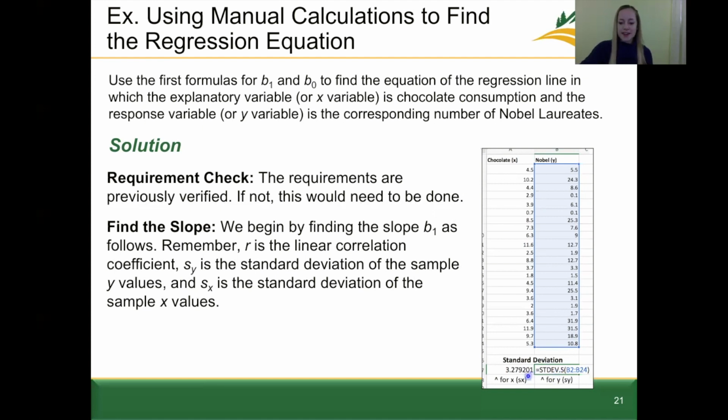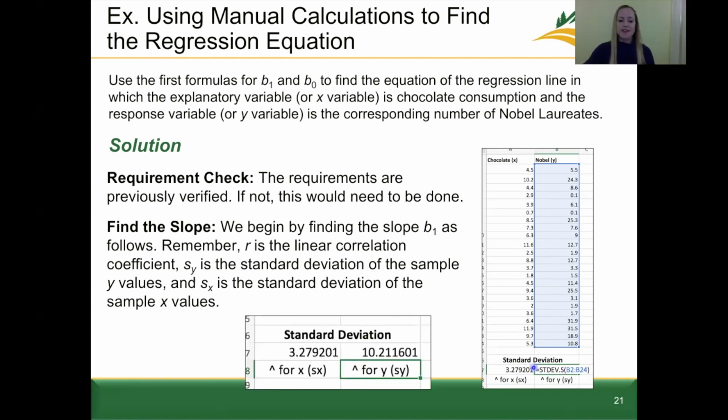So to find s subscript x and s subscript y, I just highlight all this data and I use this function in Excel to find my different sample standard deviations. The answers I should get for this are here. So here's my sample standard deviation for my x data. Here's my sample standard deviation for my y data.